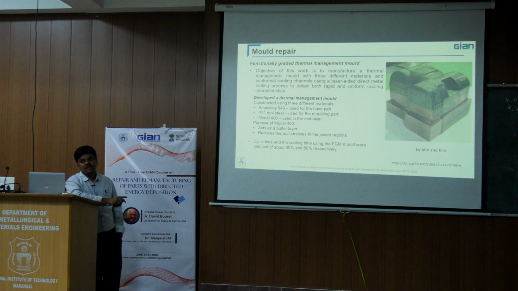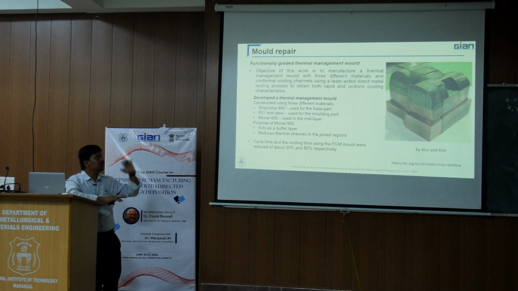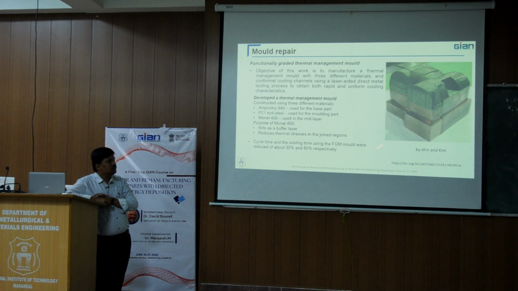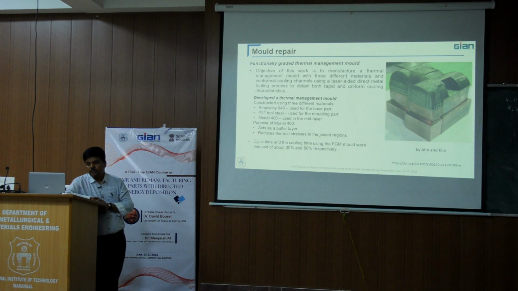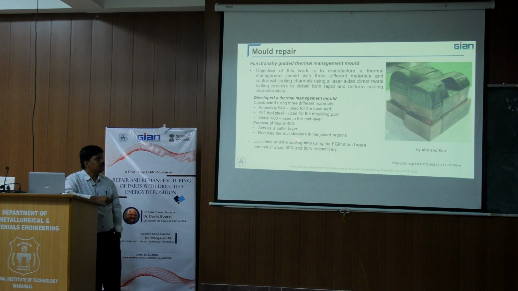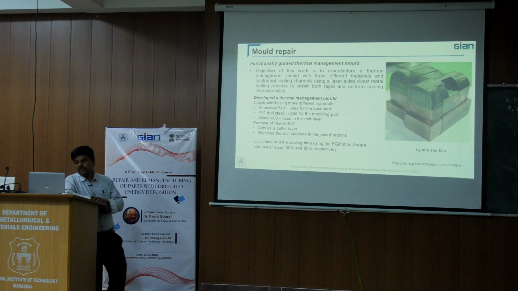That acts as a buffer layer between the tool steel and the base part. That gives an improvement in this functionally graded mold, which can improve the efficiency by 30% as well as 80%. That is where it is required for repairing of molds and all.